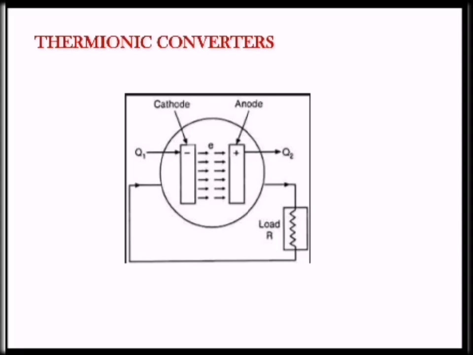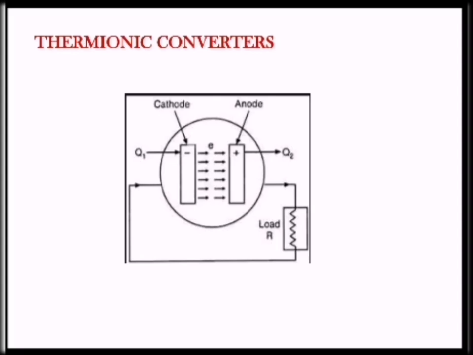Now, thermionic converters. The principle of thermionic converters is easily explained by this particular diagram. In a thermionic converter, two electrodes are placed in a container containing an ionized gas or cesium vapor to reduce the space charge. The cathode is heated by concentrating the rays on it.